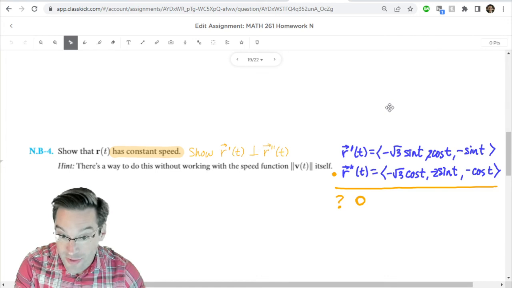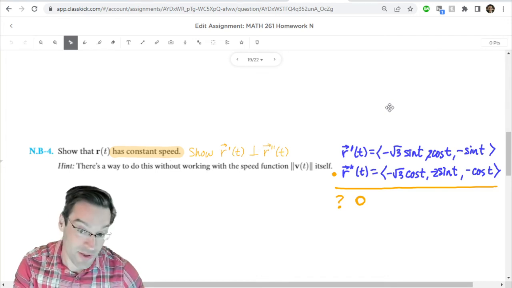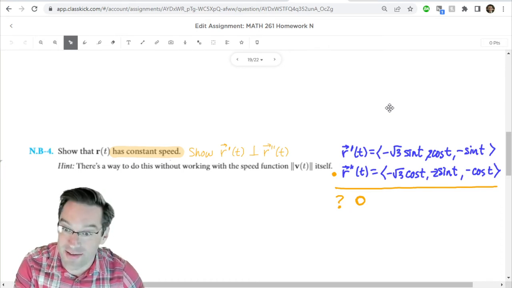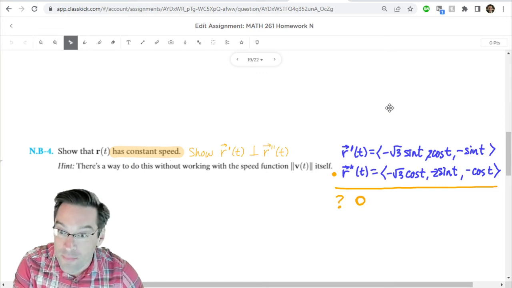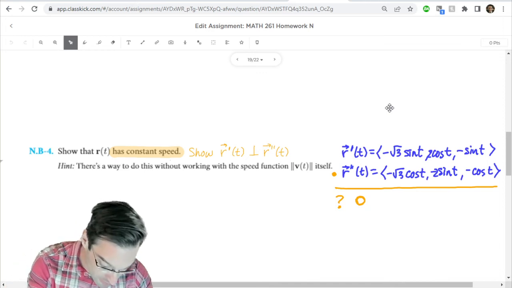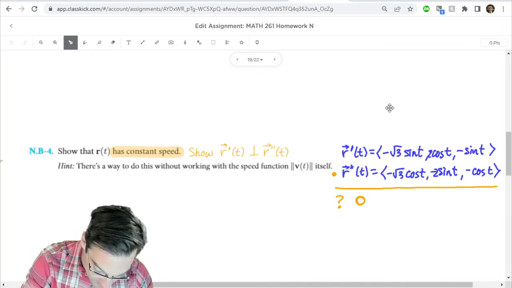If you take the cross product of these two vectors, that would be an interesting thing to look at. You would probably end up getting something that a trig identity would help you to simplify. But with the dot product, I'm only multiplying the first components by the first components, for example.